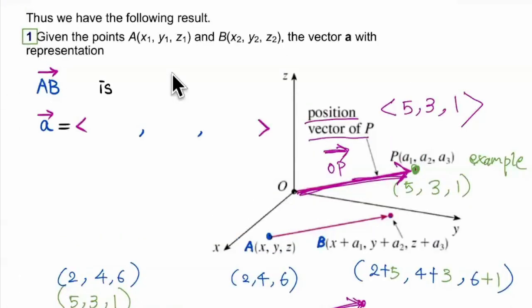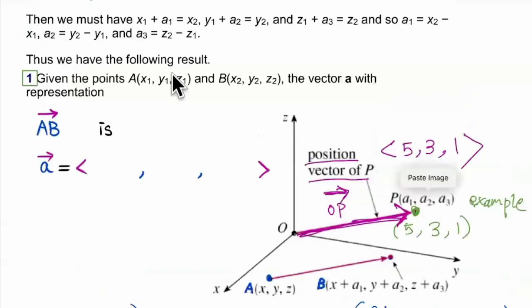So the vector AB, given A (x1, y1, z1) and B (x2, y2, z2). How do you represent the vector AB?